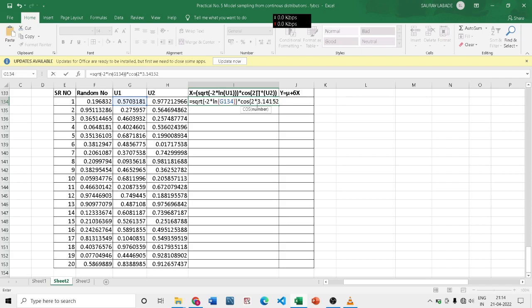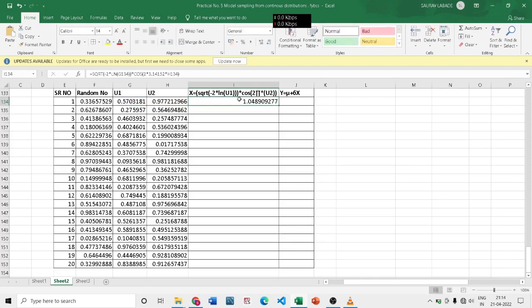And multiply by u2 again, that means the second random number, and close the bracket and enter, right? So this will be your particular value of the capital X, right?